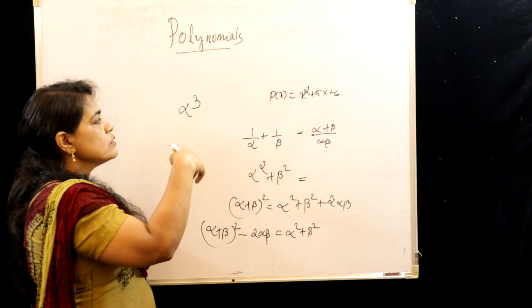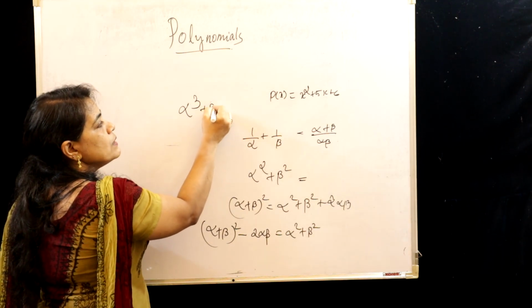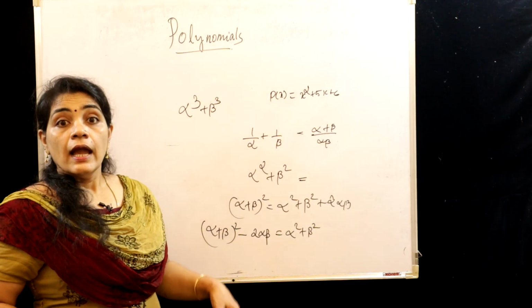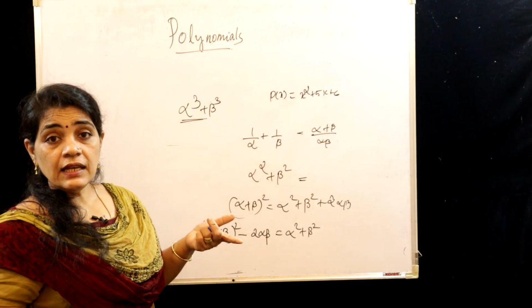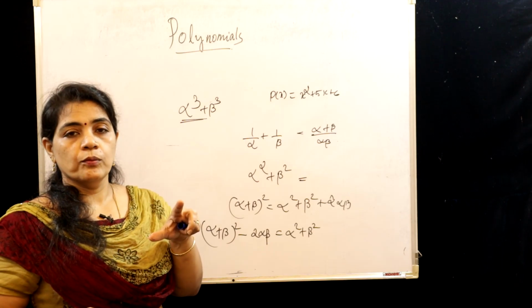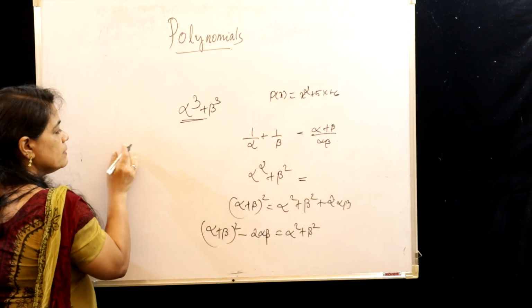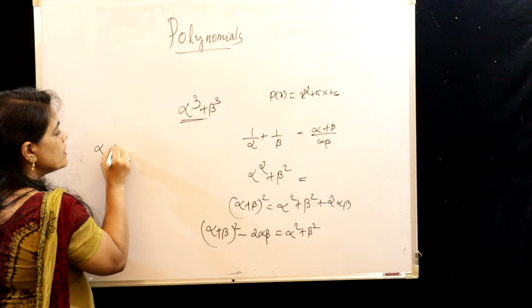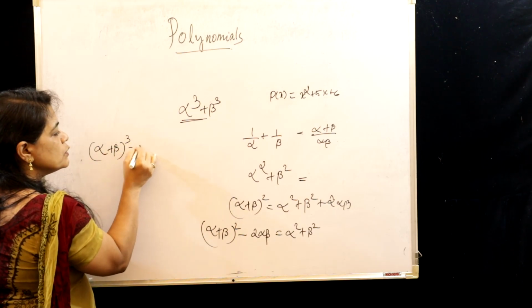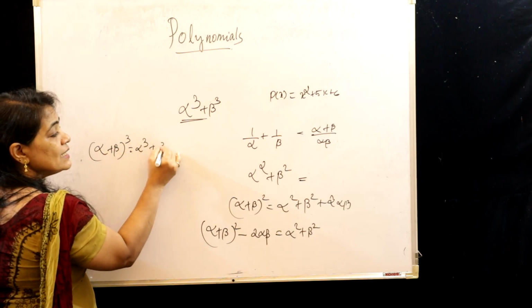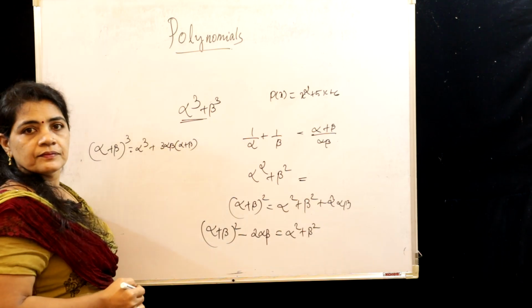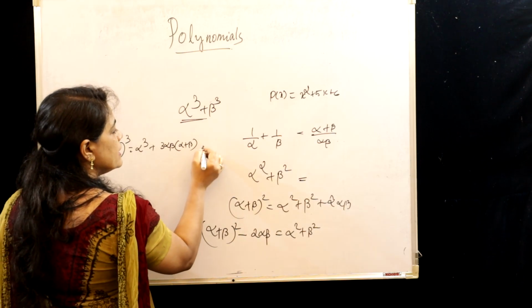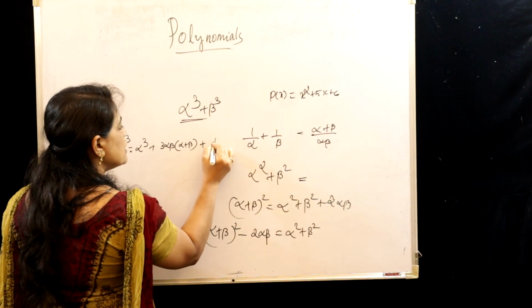Then alpha cube plus beta cube. For that you can use the a plus b whole cube expansion: alpha plus beta whole cube equal to alpha cube plus 3 alpha beta into alpha plus beta plus beta cube.